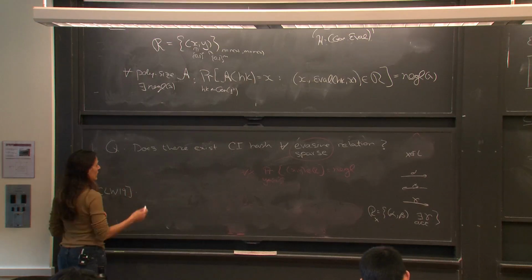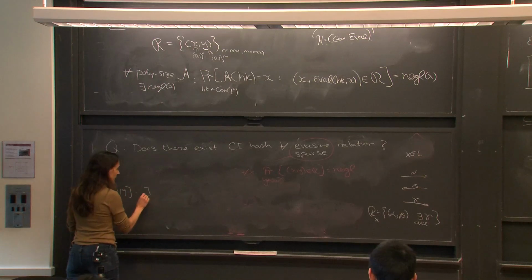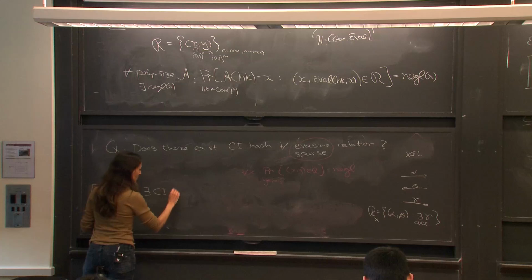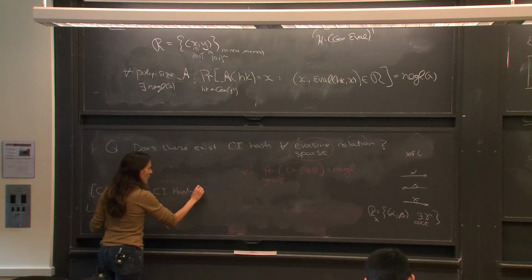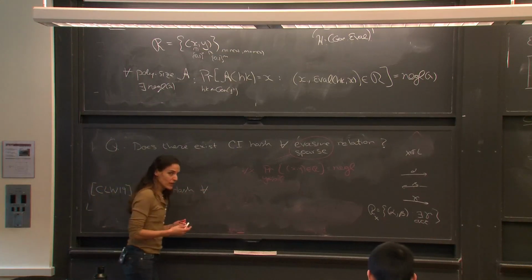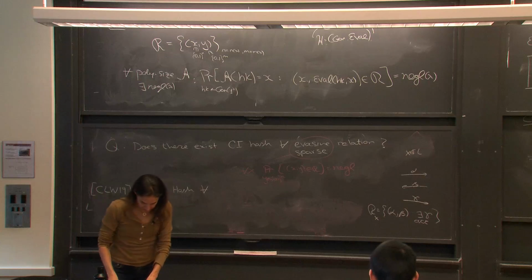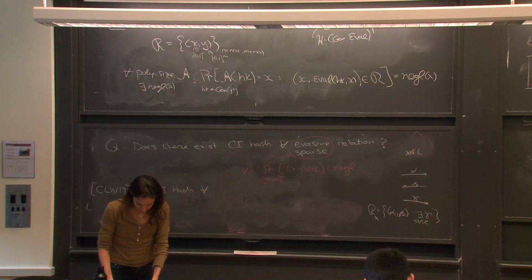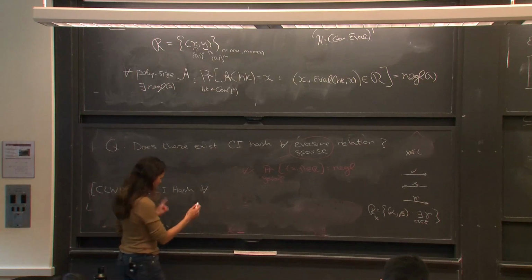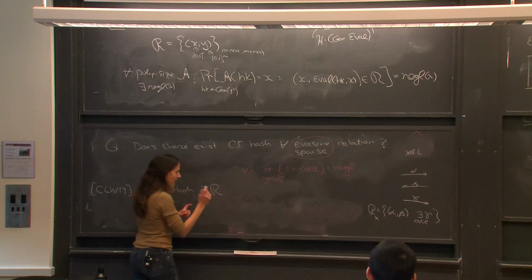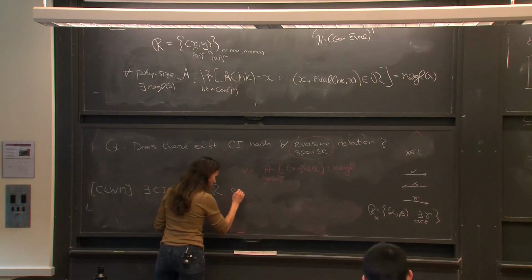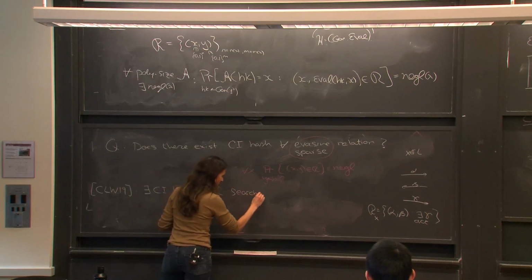It shows that there exists a correlation intractable hash for any relation that they call searchable, I'll explain.